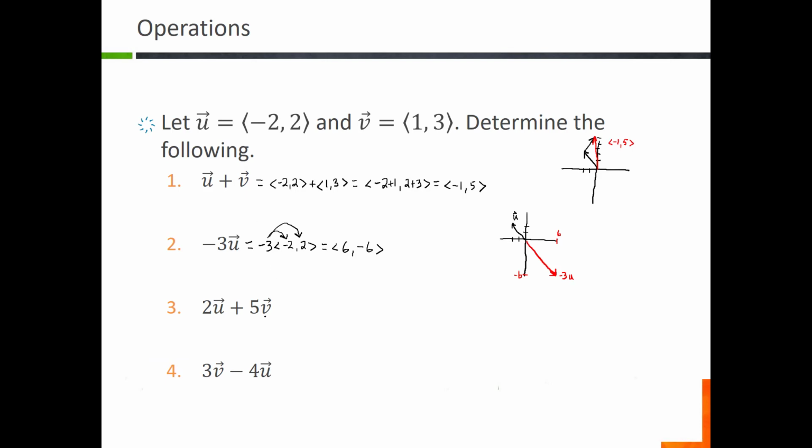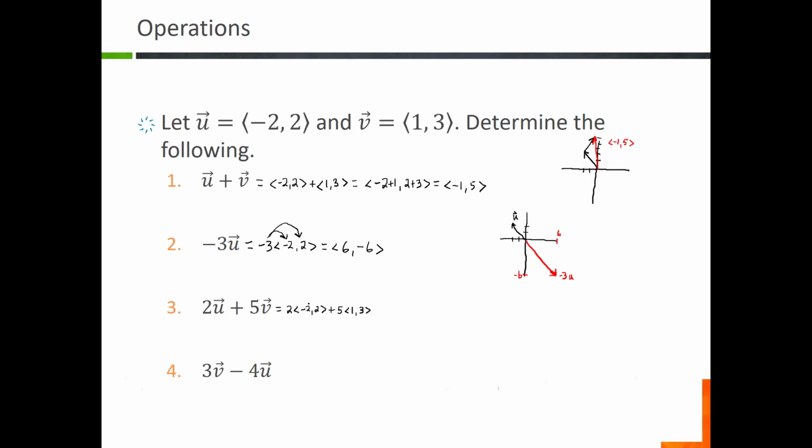All right, a couple more examples. We have 2u plus 5v. So that means we have 2 times the vector negative 2, 2 plus 5 times the vector 1, 3.